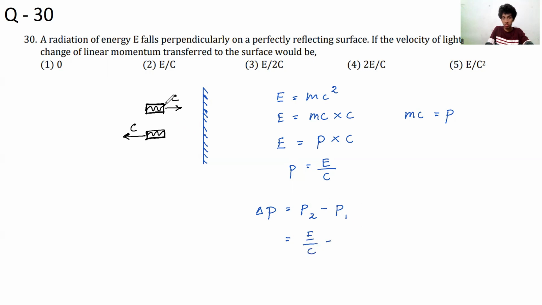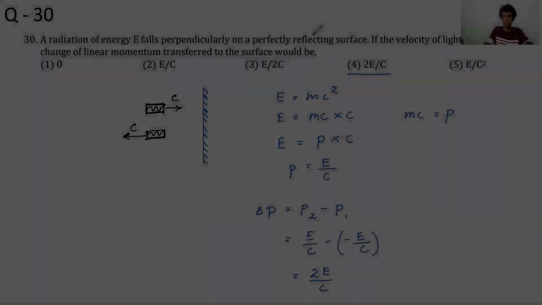As the initial momentum is in the opposite direction to that of the final momentum, that will be minus E over c. Therefore, the change in momentum is 2E over c. Therefore, the change of linear momentum transfer to the surface would be 2E over c. The fourth one is the correct answer.